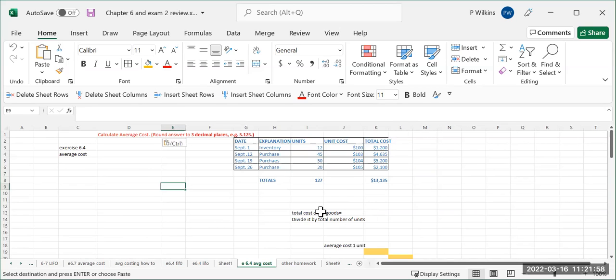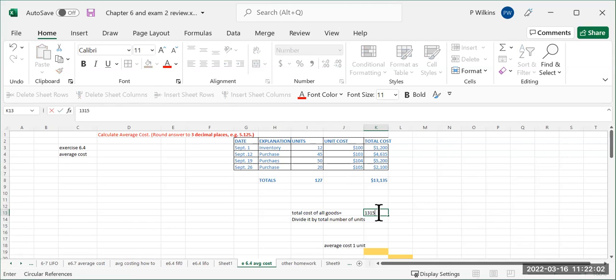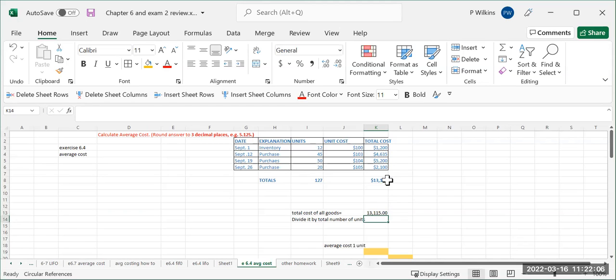Okay, so the total cost of all the goods is $13,135. That's right here, cost of goods available for sale. Divided by the total number of units, there's 127 units.